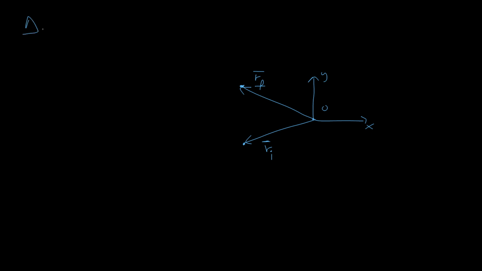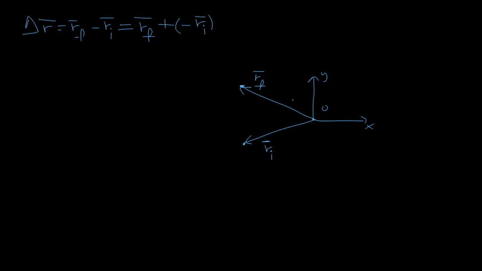So displacement is the difference R final minus R initial. Now you can rewrite this as R final plus the minus R initial. So this way we can calculate the difference using addition of the opposite of R initial.